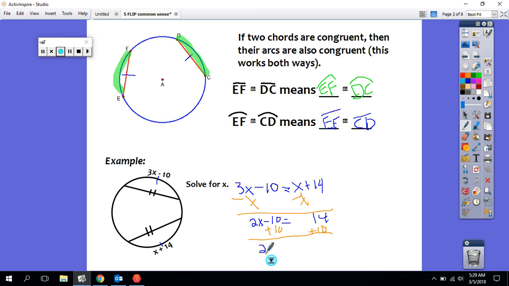And that would give me 2x equals 24. Divide both sides by 2, and we get x equals 12. Alright, so that's our first common sense chord theorem.